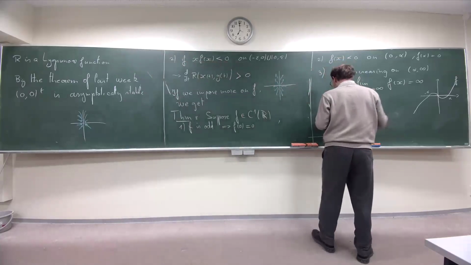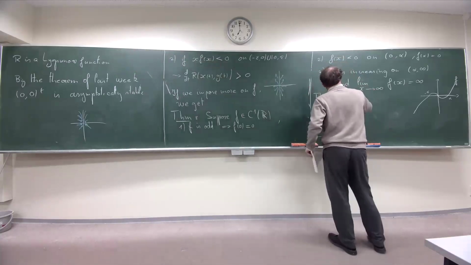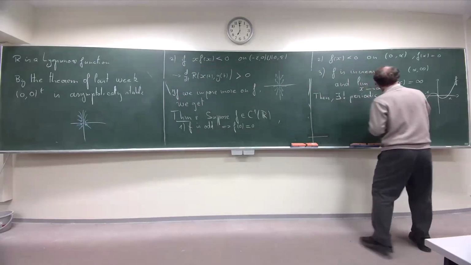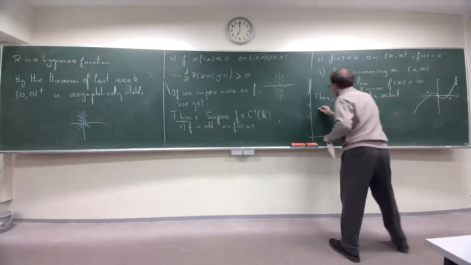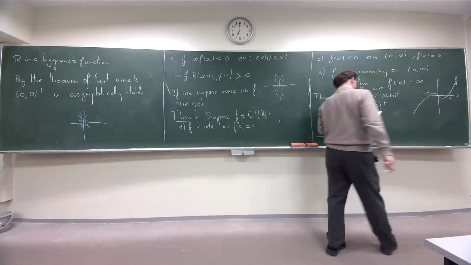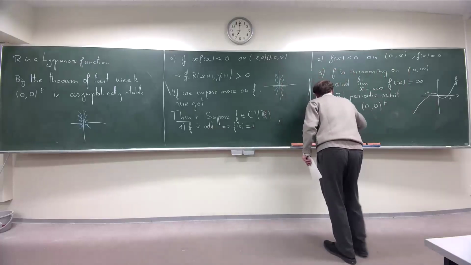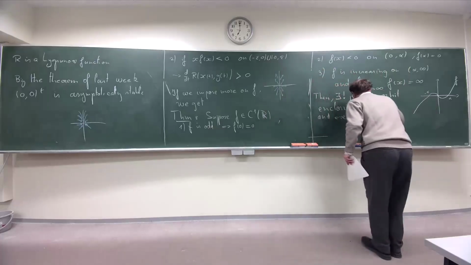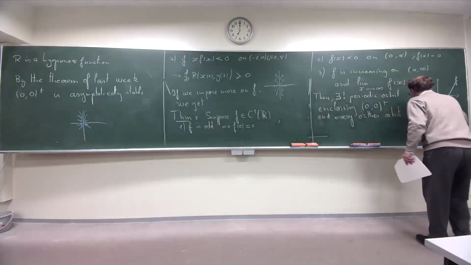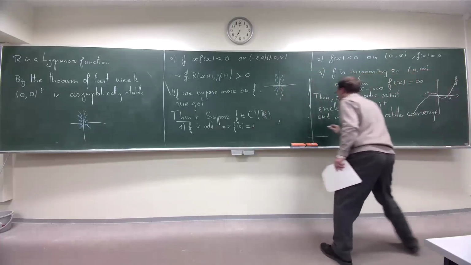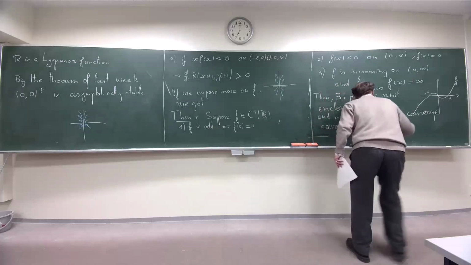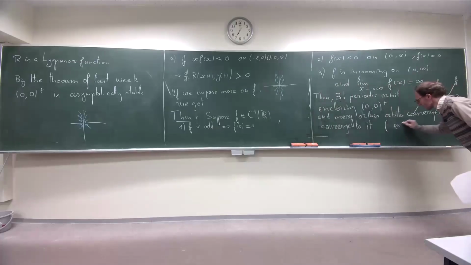So if f satisfies this, then there exists a unique periodic orbit which encloses (0, 0), and every other orbit converges to it, except, of course, the stable fixed point (0, 0).